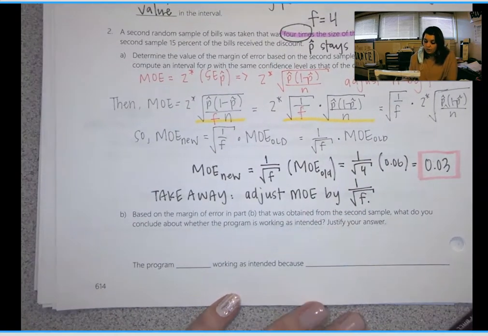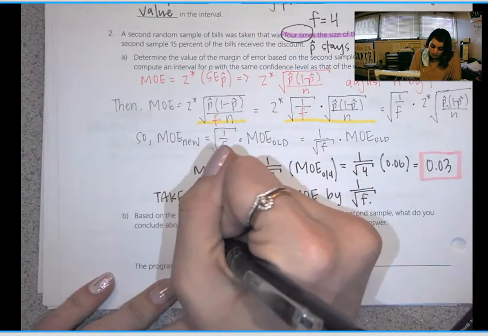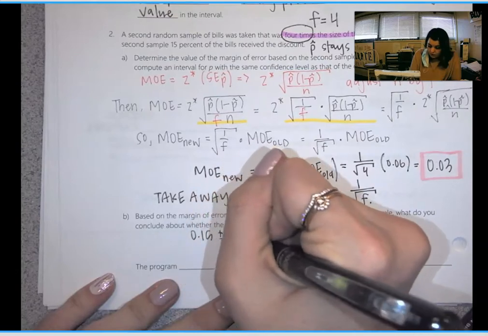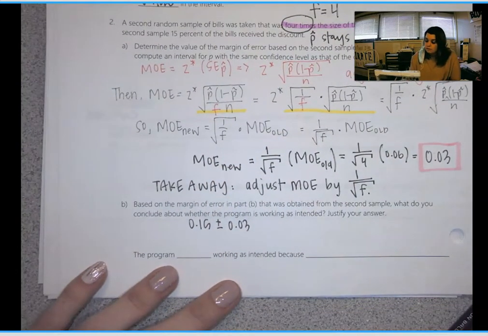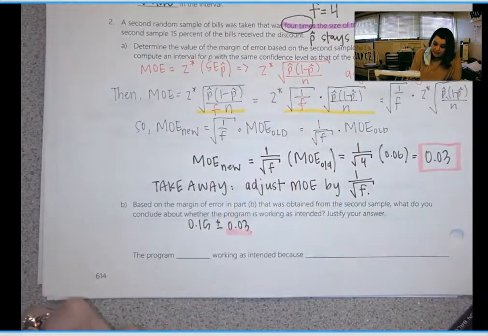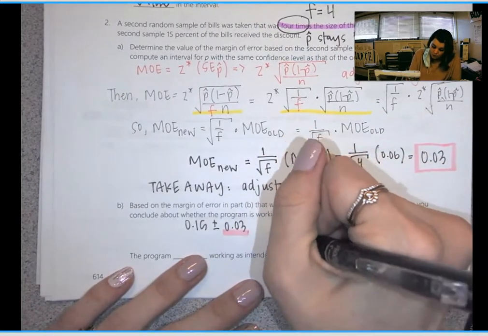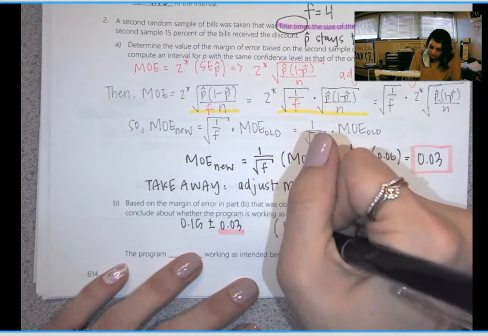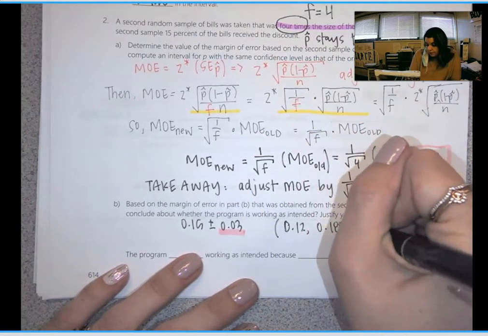Okay, well, now our confidence interval is 0.15 plus or minus our new margin of error. So this gives us a confidence interval with a lower bound of 12 and an upper bound of 18.